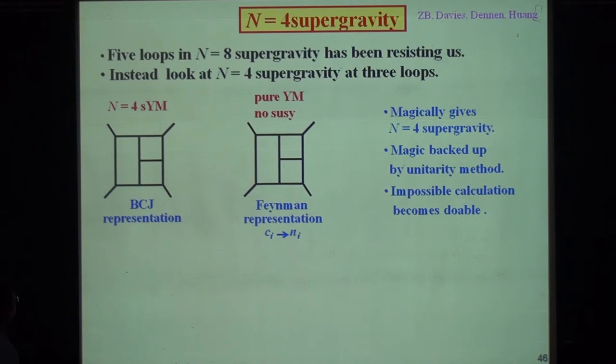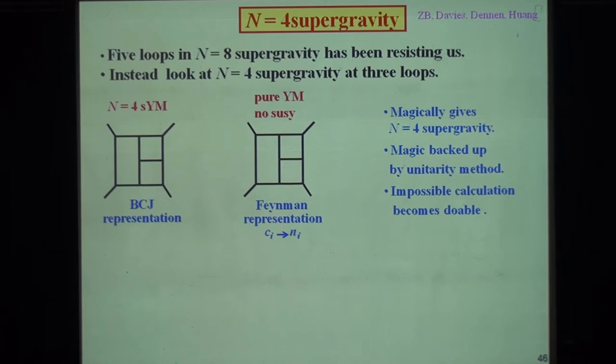But we had this duality between color and kinematics that allows us to build N equals 4 supergravity from N equals 4 super Yang-Mills and ordinary Yang-Mills with no supersymmetry. So it's like magic. Magically it gives us N equals 4 supergravity.